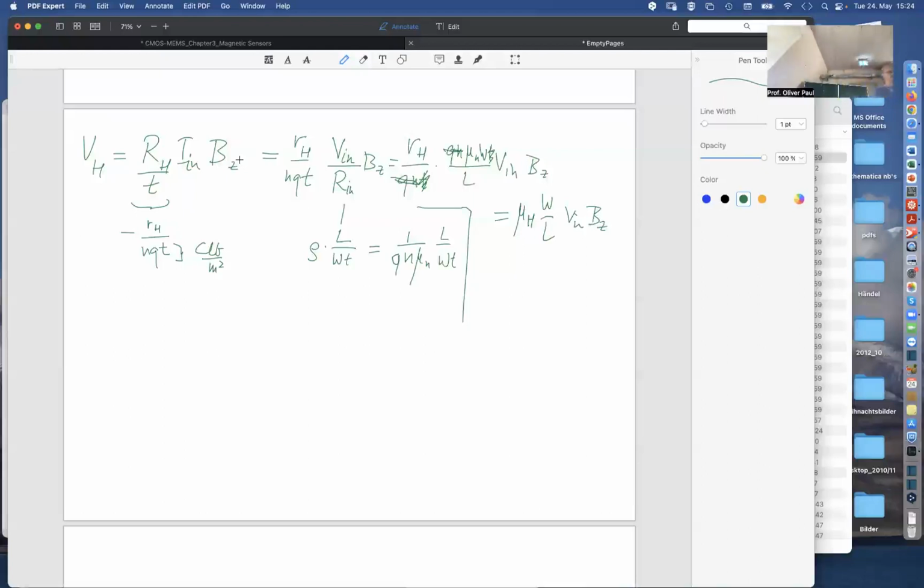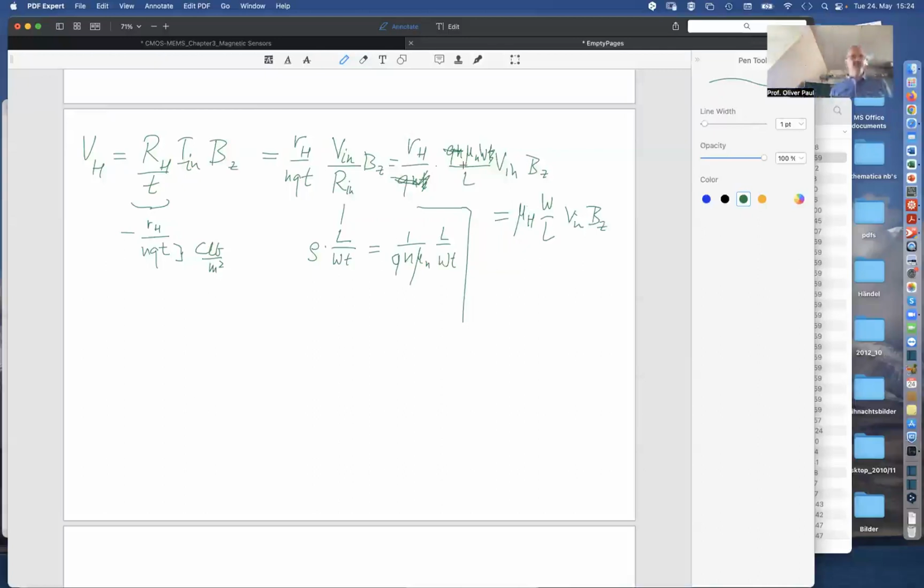Or you imagine this to be part of a system that drives it with an input voltage. And then if you know the Hall mobility of the carriers and the geometry, you will also get out the Hall voltage.